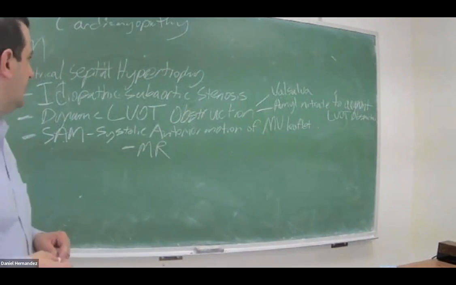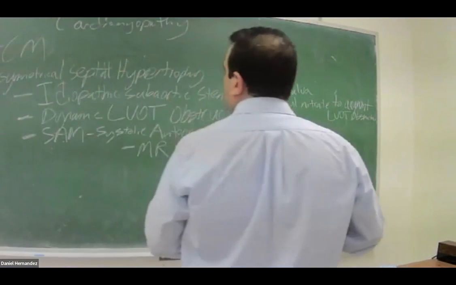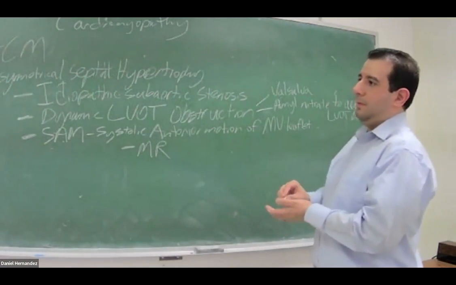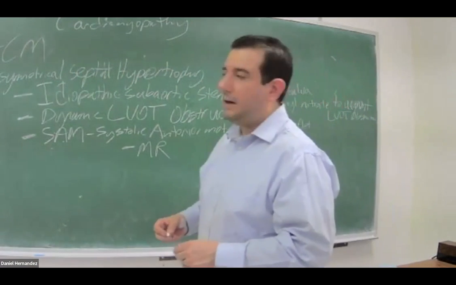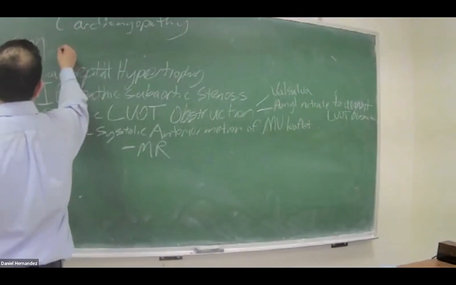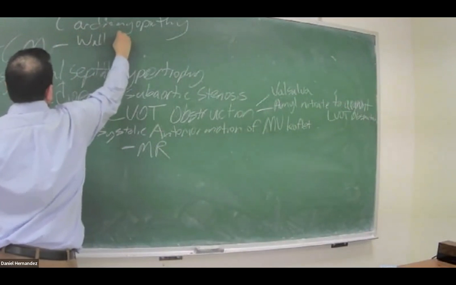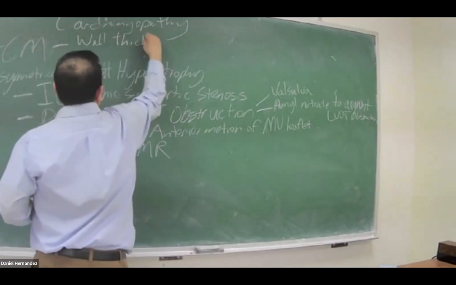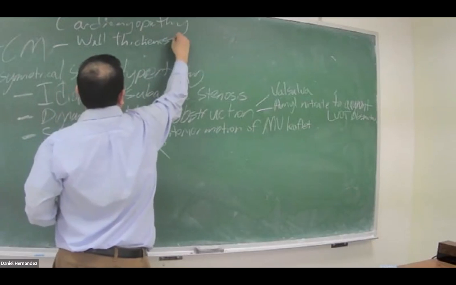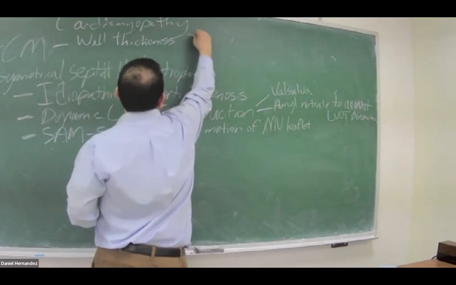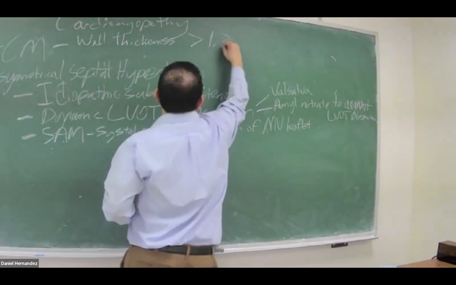We also, when we're talking about hypertrophic cardiomyopathy, want wall thickness greater than 1.3 centimeters.